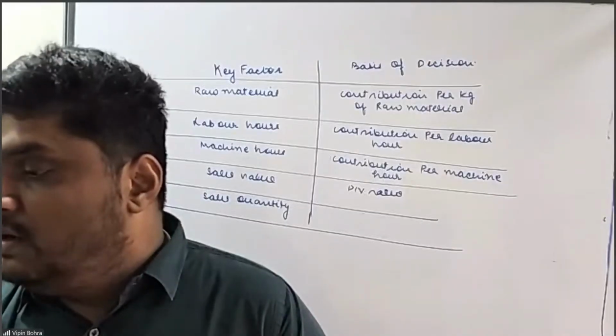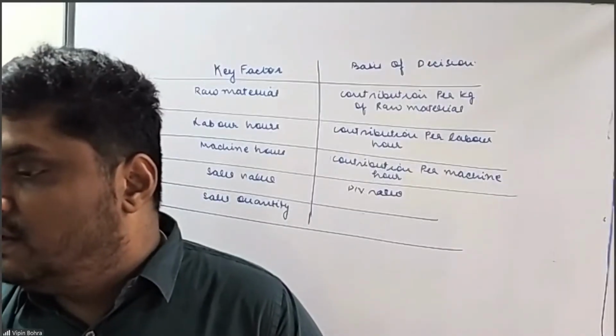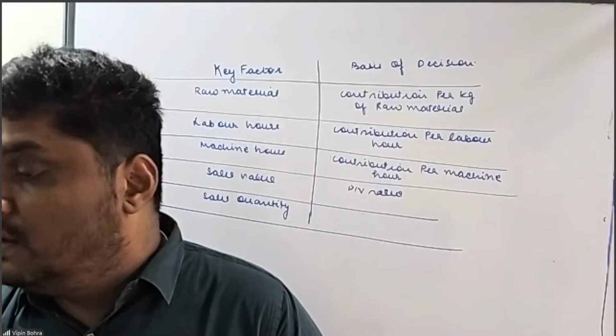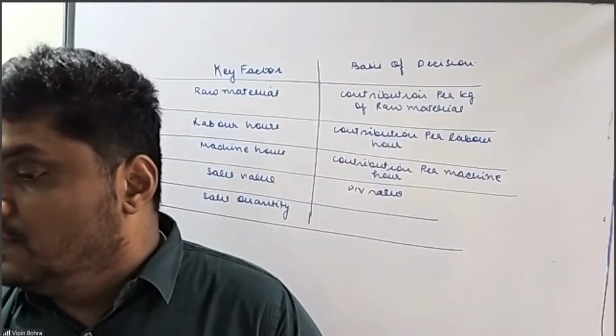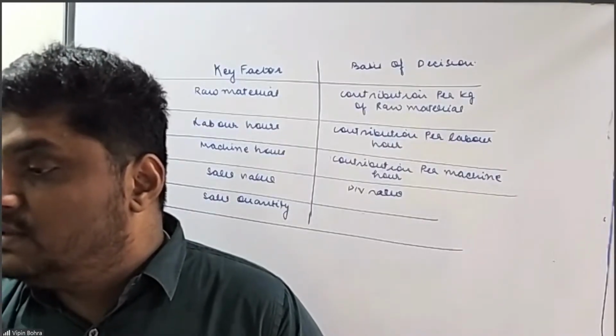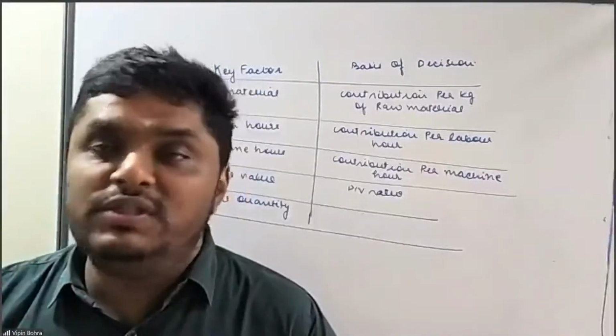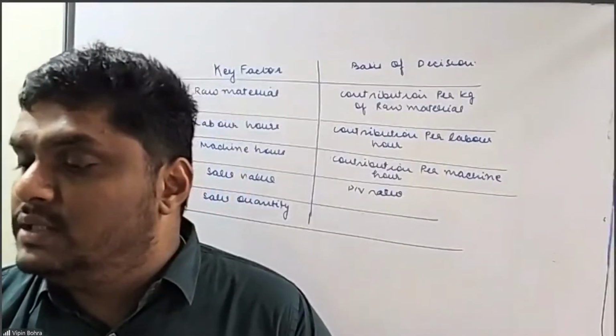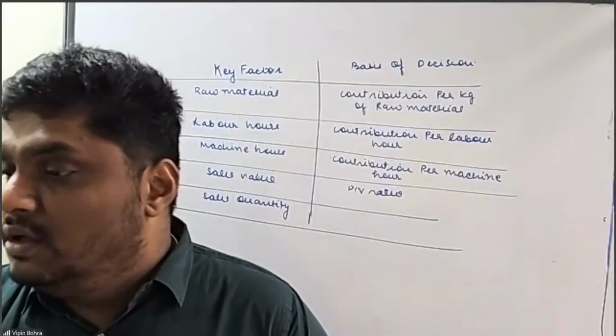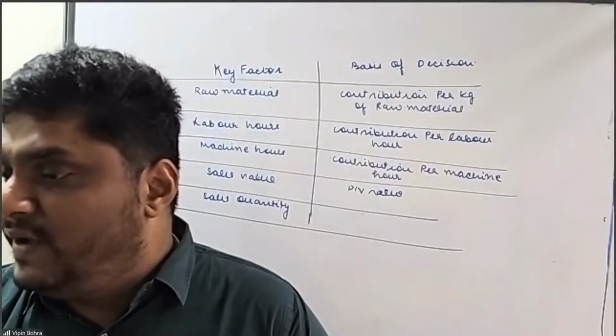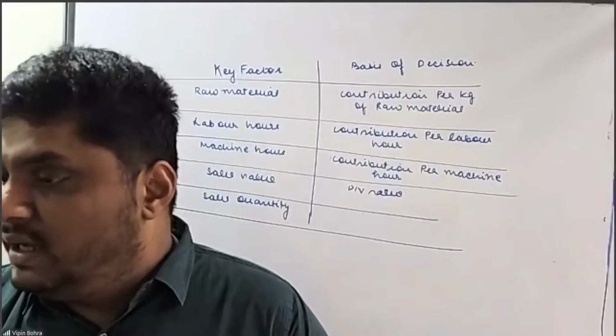Very good, Rohan. Correct answer. Rest all waiting for your answers. If the sales quantity that we can sell is at the most 10,000, 20,000, or 30,000 units, whatever it is. So, if the sales quantity is the limiting factor, very good, Samrendra. Correct answer.